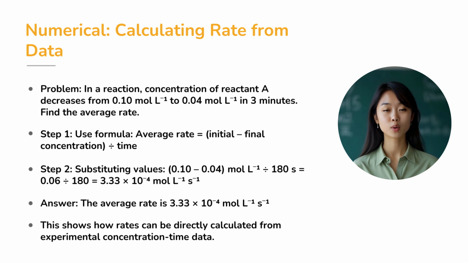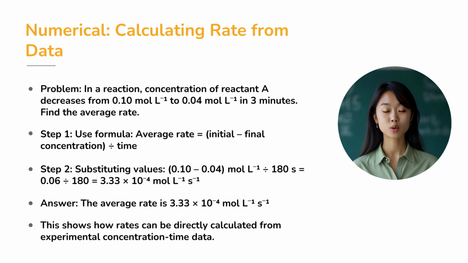That's 0.10 minus 0.04, giving 0.06 mole per liter divided by 180 seconds. The result is 0.000333 mole per liter per second, or 3.33 times 10 to the power minus 4 mol L⁻¹ s⁻¹. That's how we use real data to calculate rate.